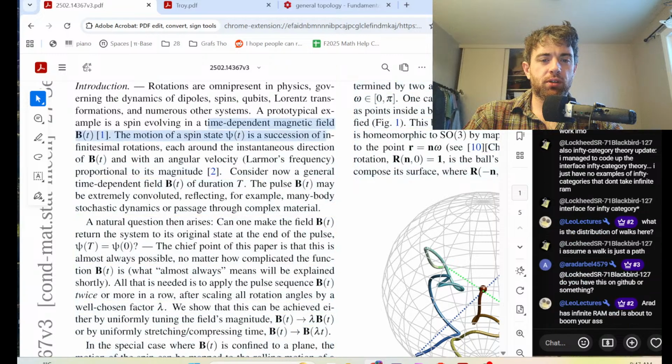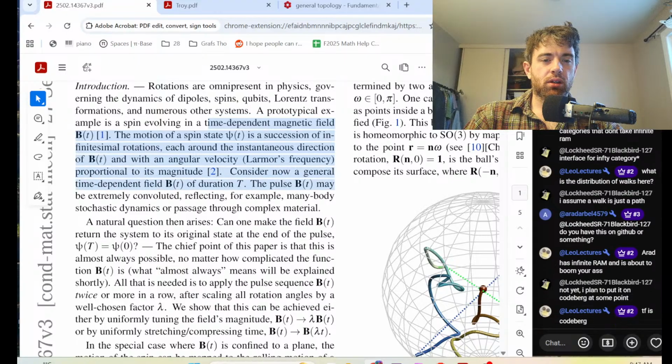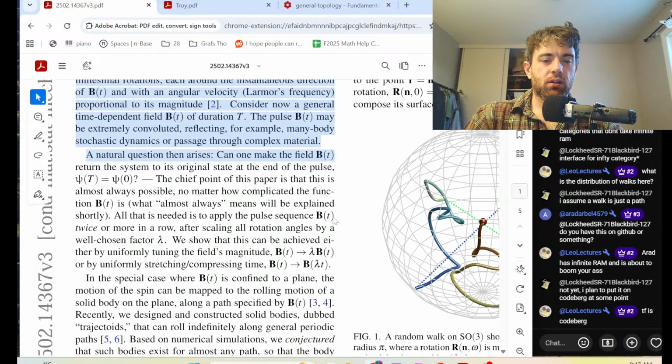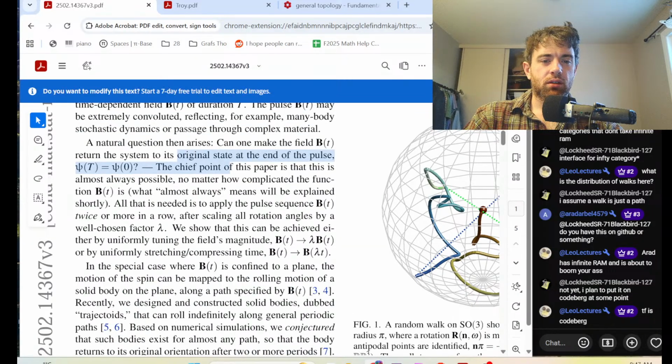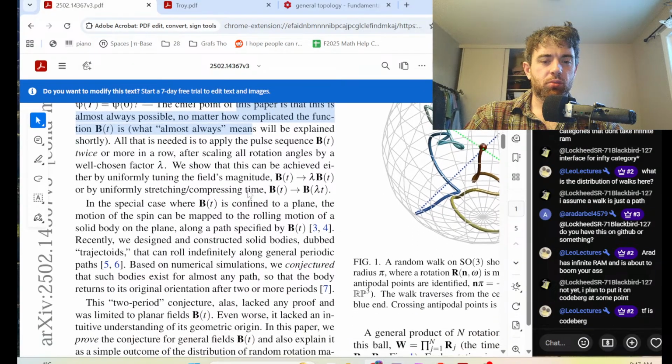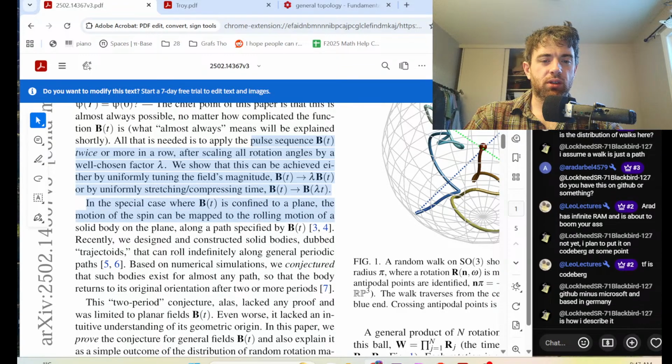The motion of a spin state is a succession of infinitesimal rotations, each around the instantaneous... blah, blah, blah. Okay. Almost always possible. Okay, will be explained shortly. All we need is to apply the sequence twice and then uniformly do something.